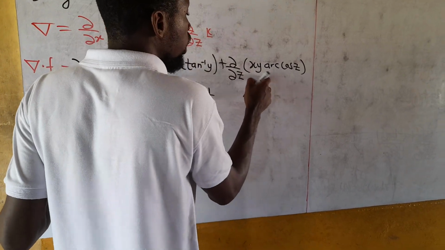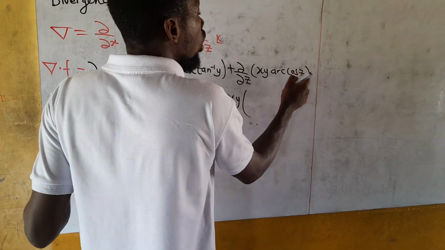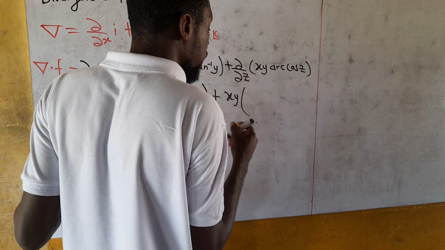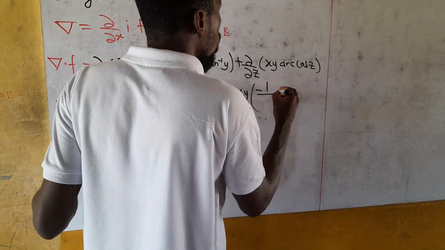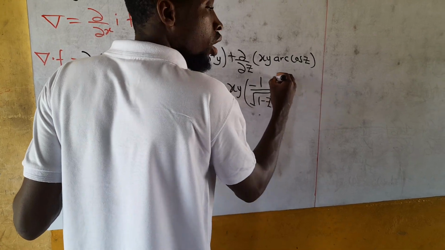now we are going to differentiate this with respect to z. The x and the y will be held constant. The differential of arc cos of z will be negative 1 all over the square root of 1 minus z squared.